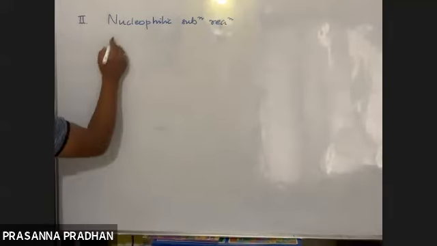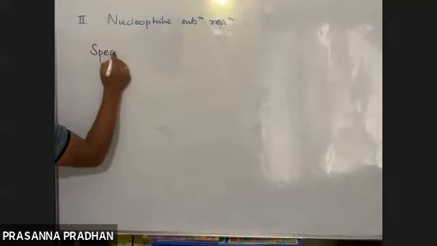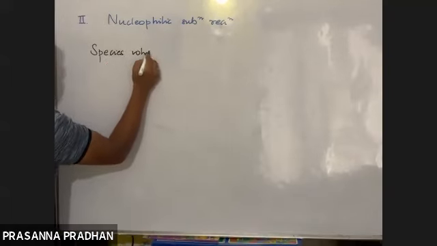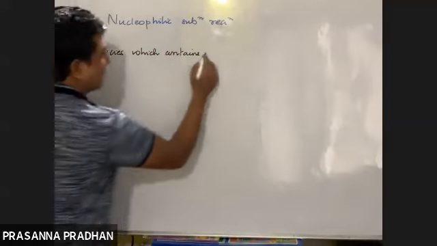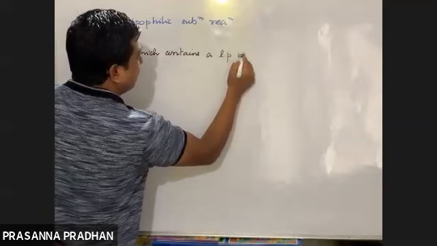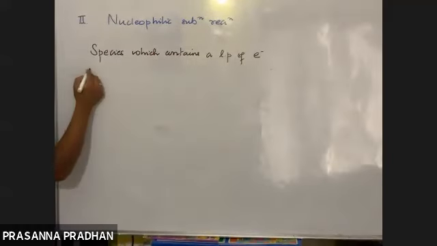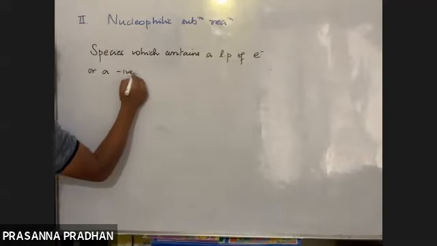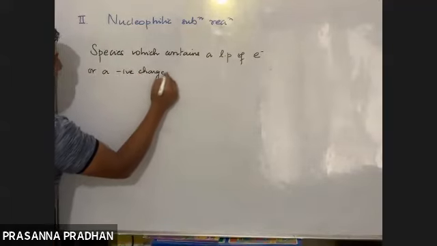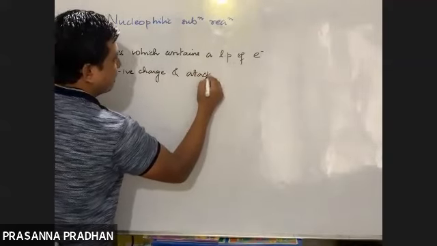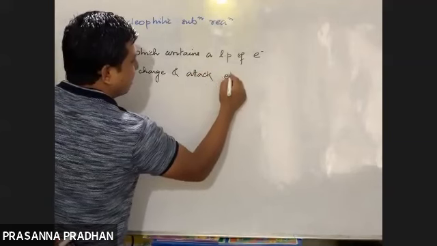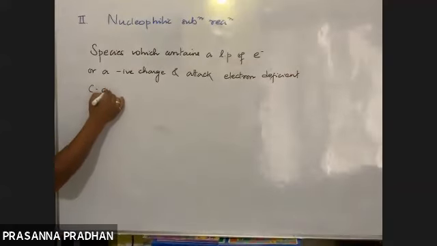So nucleophiles are species which contain a lone pair of electrons or a negative charge. And normally these attack your electron deficient carbon atom.